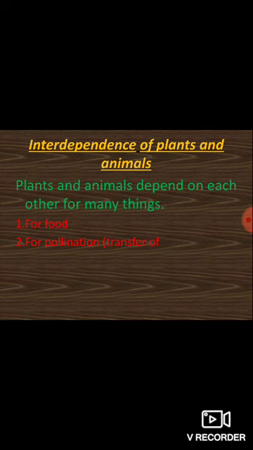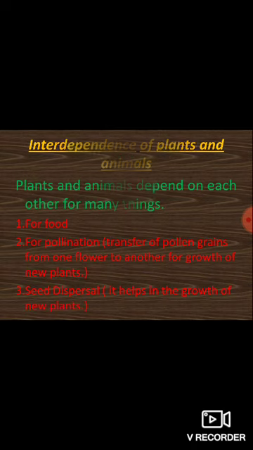Pollination means it's a transfer of pollen grains from one flower to another to grow new plants. Seed dispersal. It helps in the growth of new plants, as we know that along with the wind the seeds are carried away and their new plants grow.